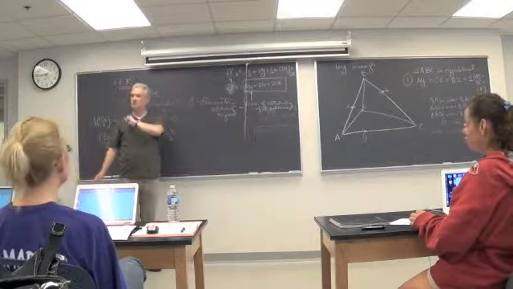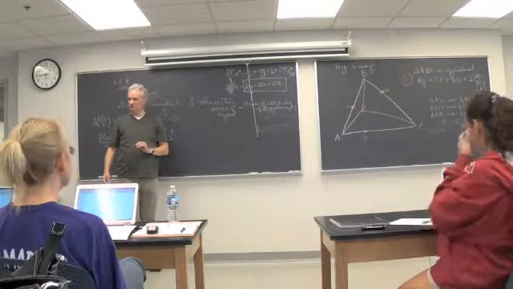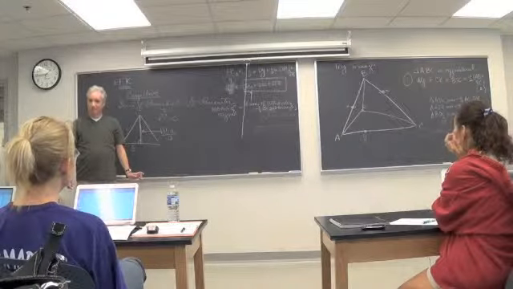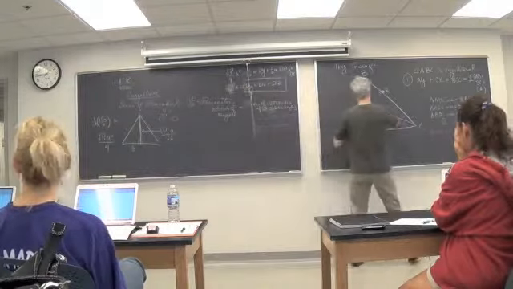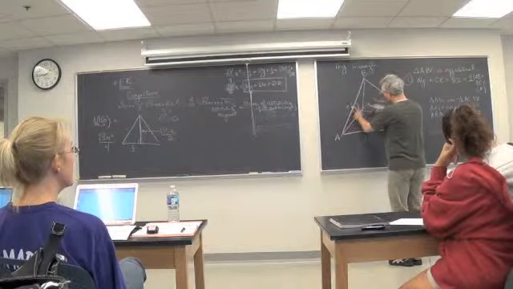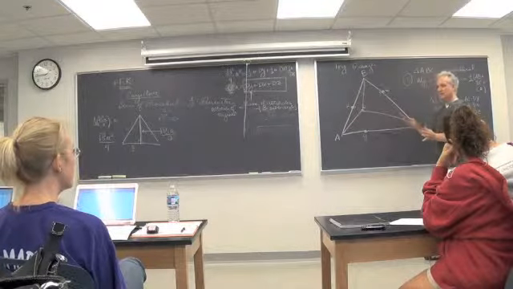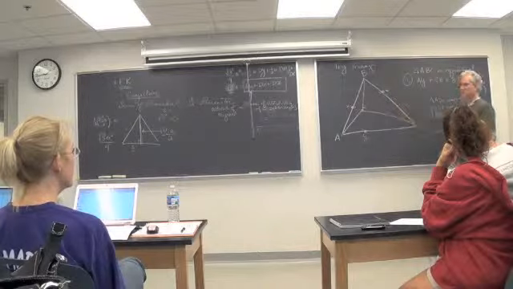But we made it equal. So that's kind of interesting. So the sum here plus here will always be constant. It's fixed according to whatever your triangle is.